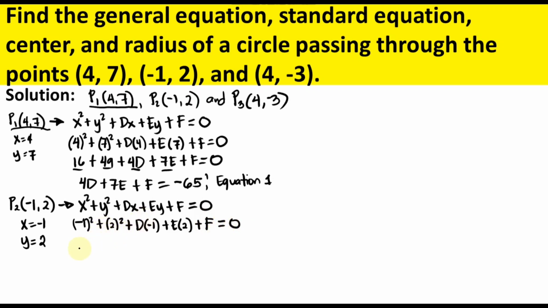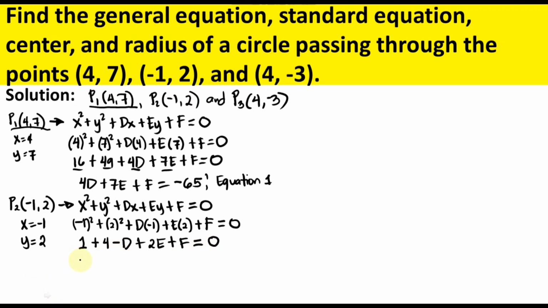Then simplify. Negative 1 times negative 1, that is positive 1, plus 2 times 2, that is 4, negative 1 times d, that is negative d, plus 2 times e, that is 2e, plus f equals 0. Then, simplify.